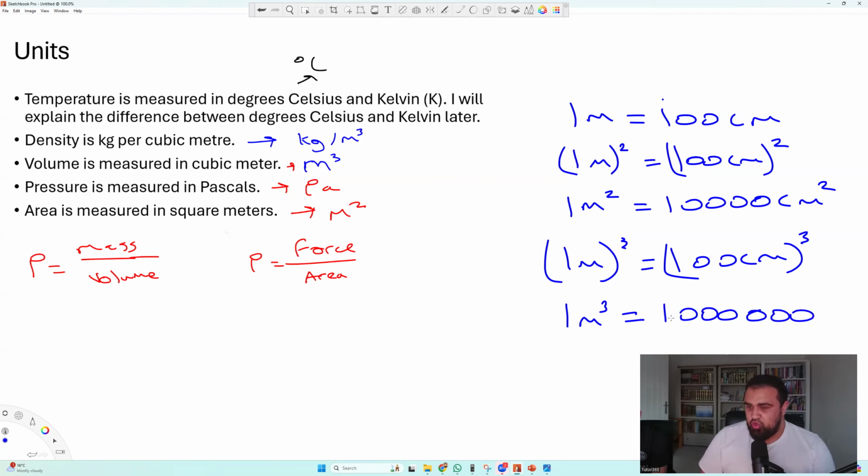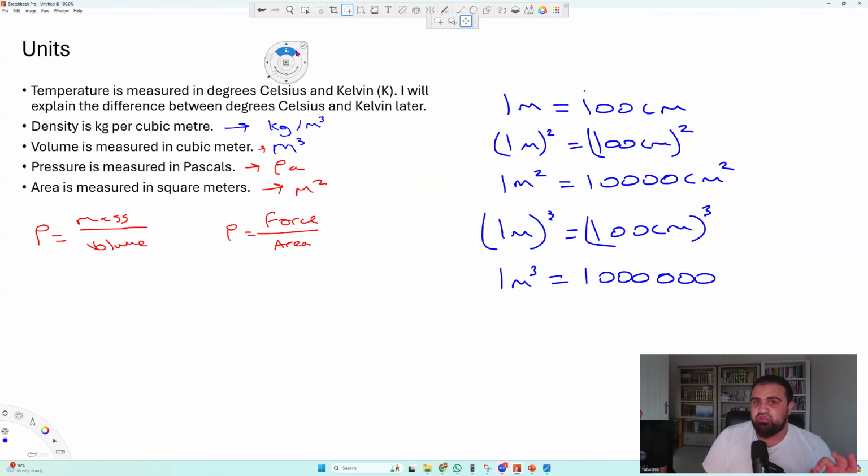So now, it's important to not underestimate these conversions, because they can catch you out. 1 meter cubed is equal to 1,000,000 centimeters cubed. And if your math is good, this shouldn't really be your worry right now. So those are the units that we need in this chapter.